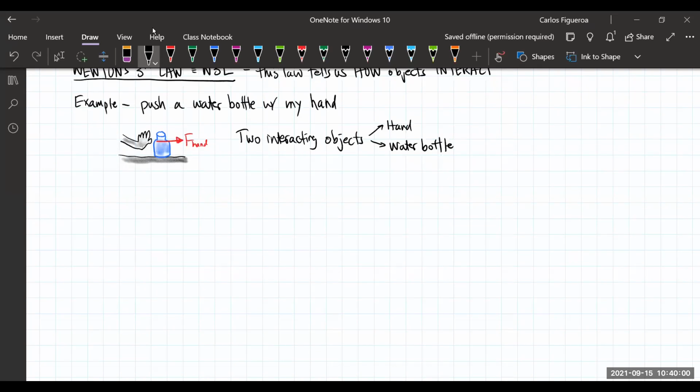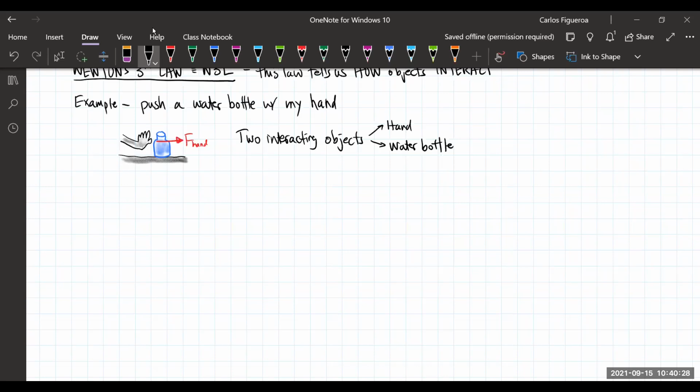What's really hard to comprehend is that there's only one interaction between these two objects. When I touch the water bottle with my hand, at the same time, the water bottle is touching my hand.